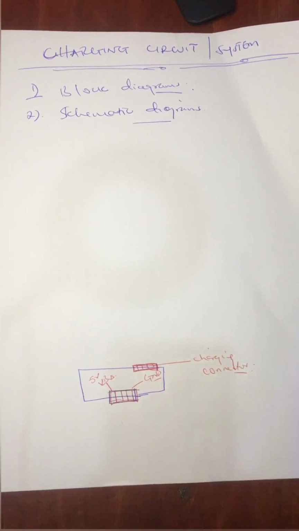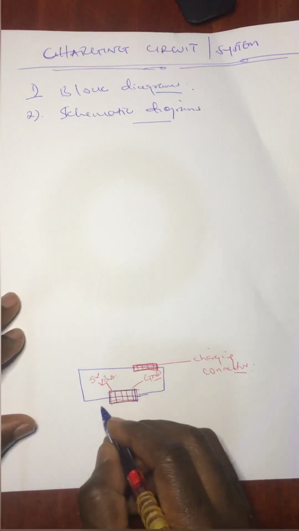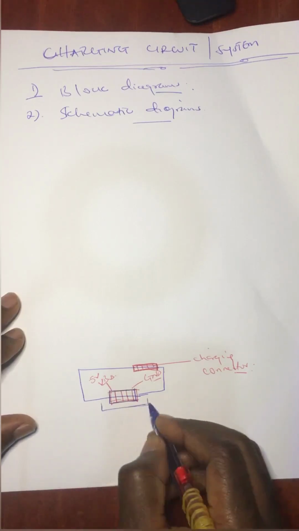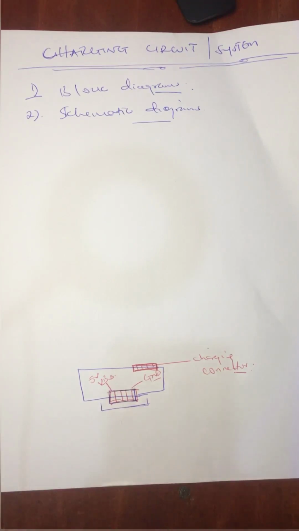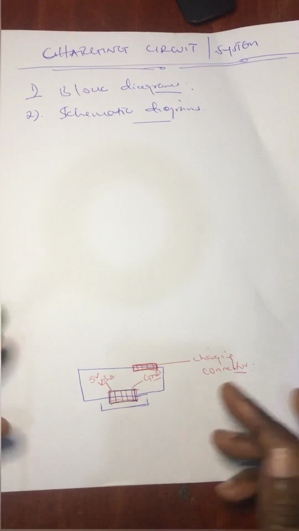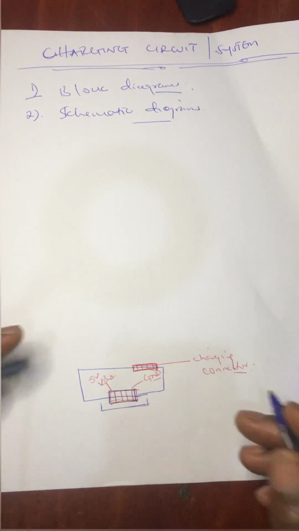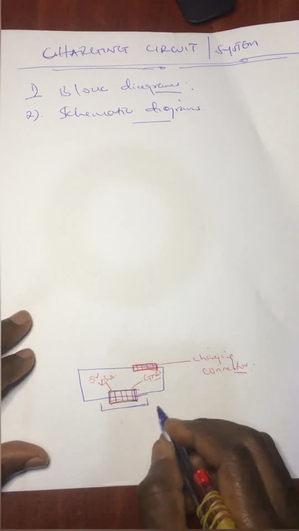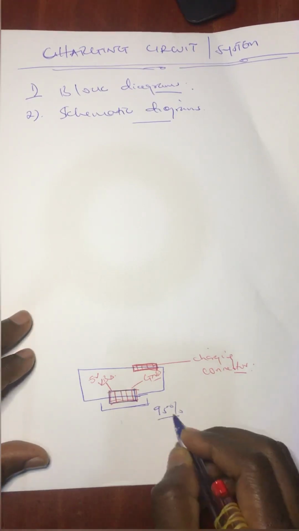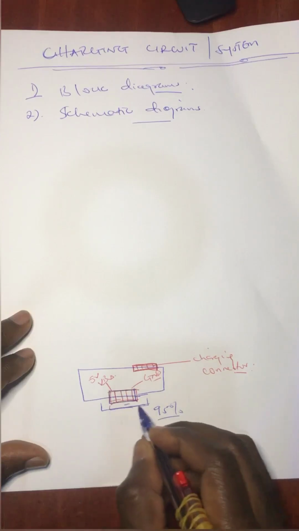Now in most cases when you receive a phone that is not charging, when you change the charging connector, the problem will be solved, right? Just because of most of the cases we have in the workshops related to the charging system, I would say 95% is always the charging connector.